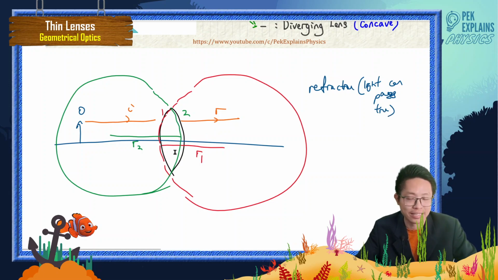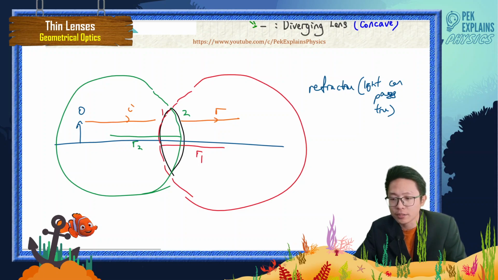This is just a piece of glass. So the first surface radius is on the same side as the refracted ray. So this one is R positive because it is the same side as the refracted ray. But for this R2, it is negative because it is opposite to the refracted ray.